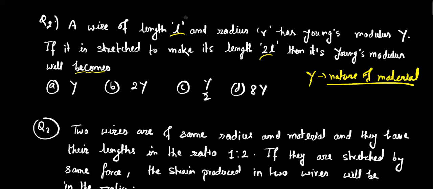Increasing or decreasing the length does not change the value of Young's modulus, unless the material is changed, of course. So we can conclude that the answer is first: the value of Young's modulus remains the same.